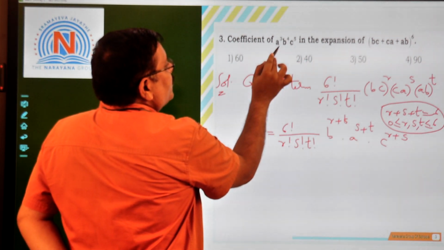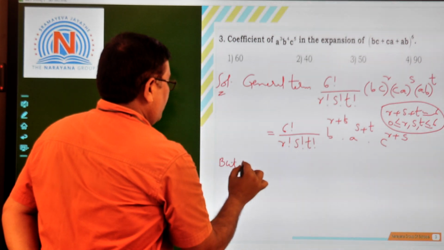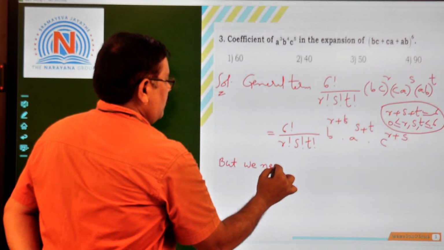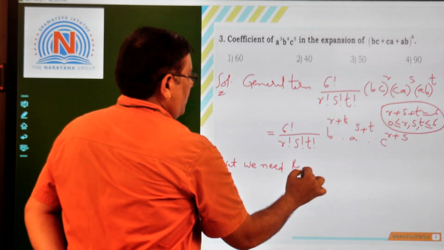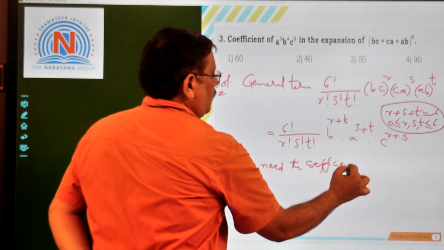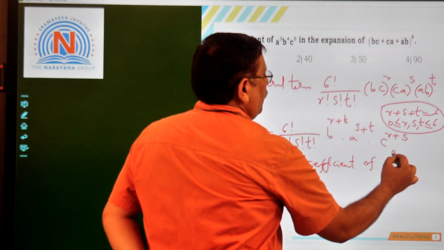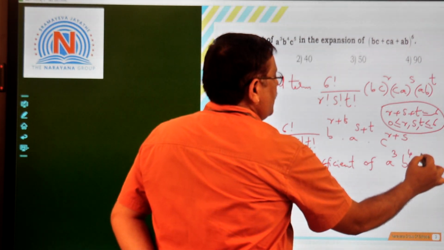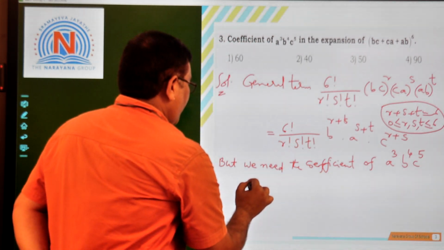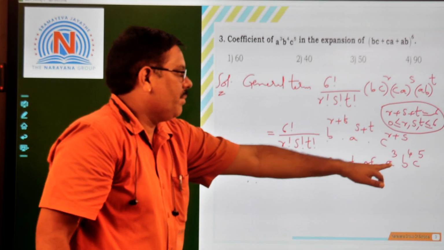Now, what is required here? We need the coefficient of a power 3, b power 4, c power 5. Therefore, if you compare, b power is r plus t, here b power is 4.